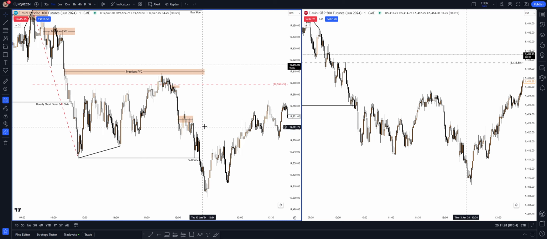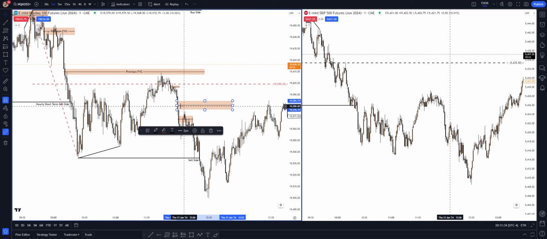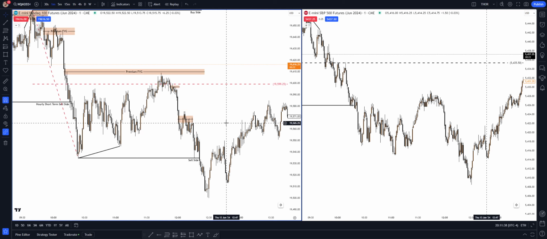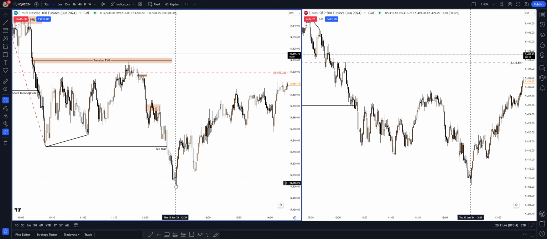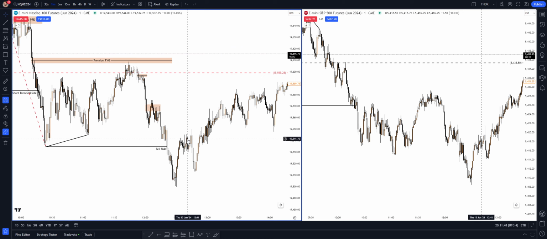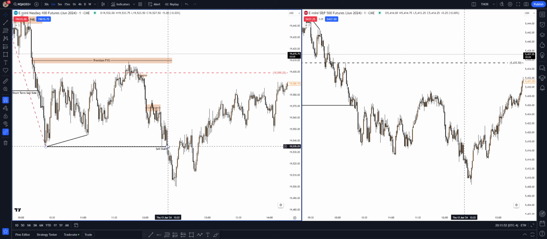Okay, so if you have questions like why it's this fair value gap and why I didn't touch here, I was waiting for this one, that's why. Okay, that is why. There's always a reason. If you reverse engineer your price, you'll understand it better. So it goes for the sell side. This is a reversal pattern in the form of a V shape, sharp rejection.